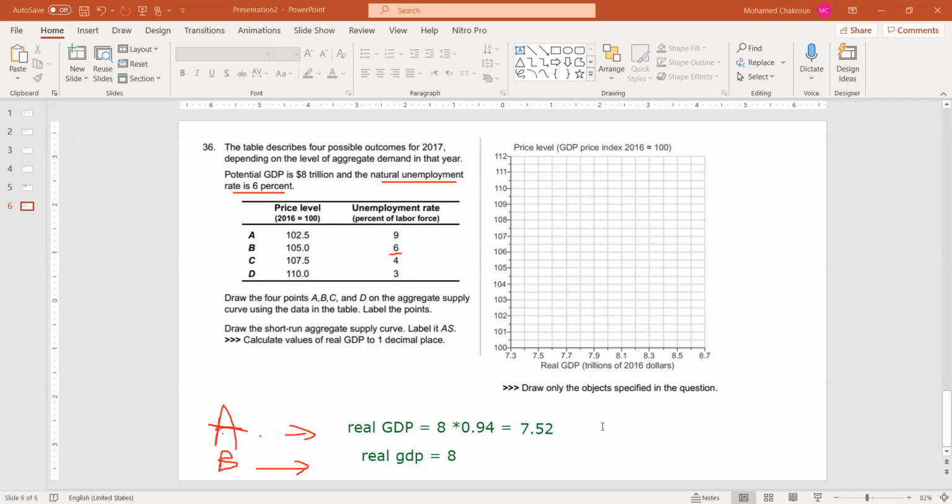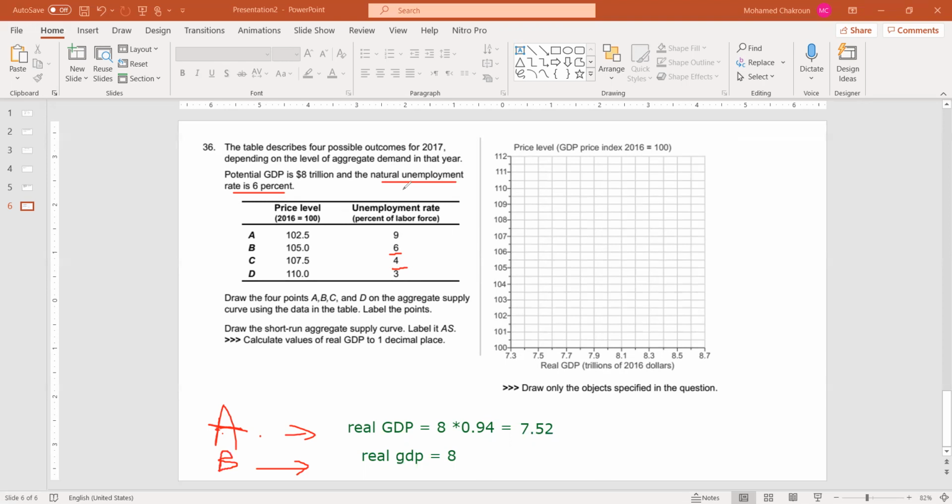At point C, the unemployment rate is equal to 4, while the natural unemployment rate is equal to 6%, so it's lower.